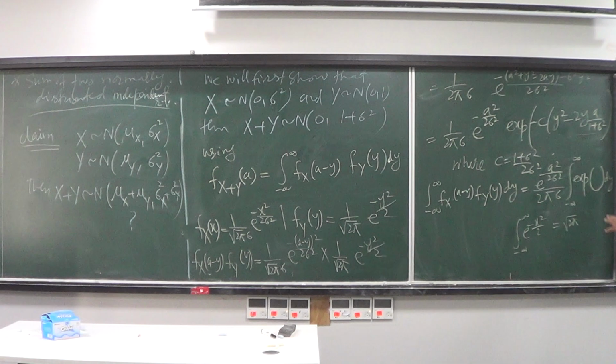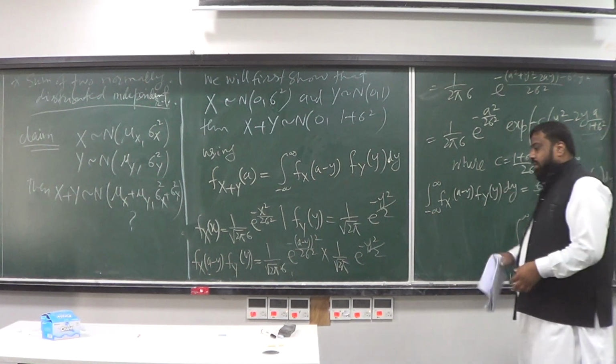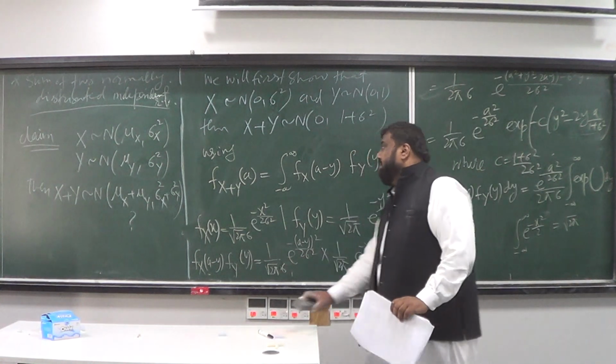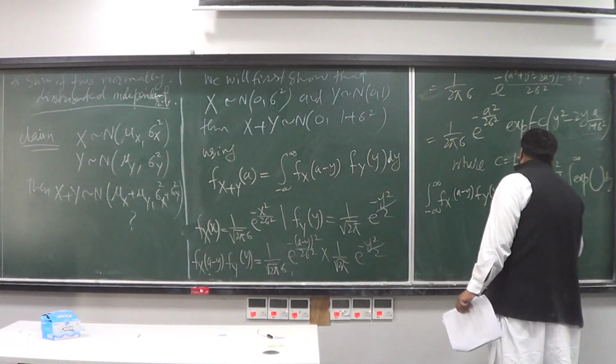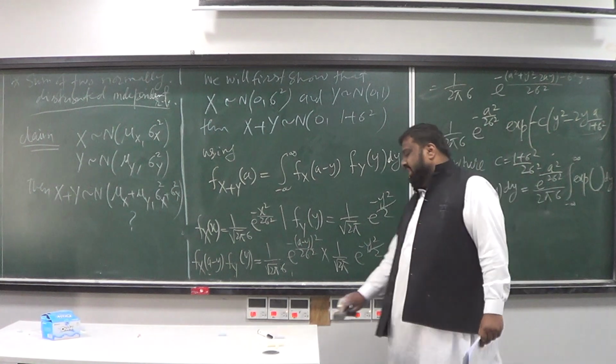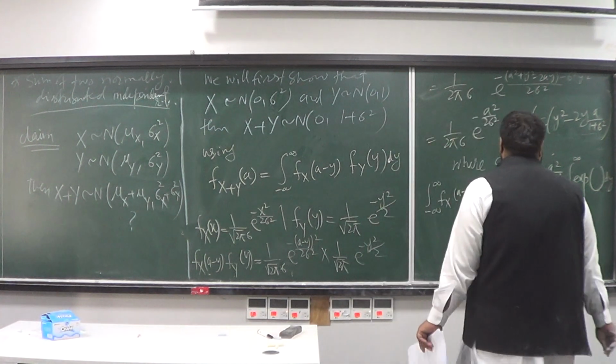So if I can convert the integral of this exponential into such a completing square form, then I know its integral is equal to the square root of 2 pi. But in order to write this exponential in such a form, I need to do the completing square. So let's do it. It's a bit messy work, a bit of calculation, but it's not something hard to do.